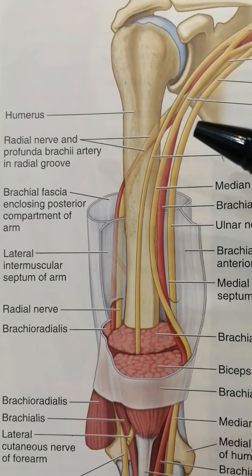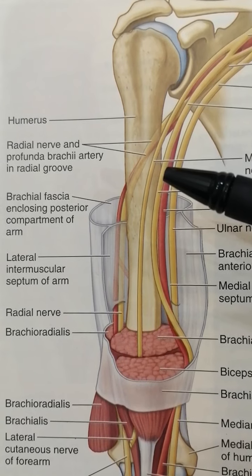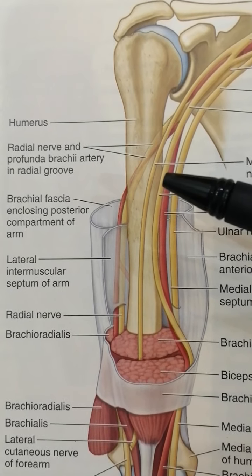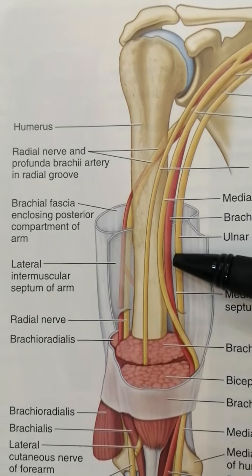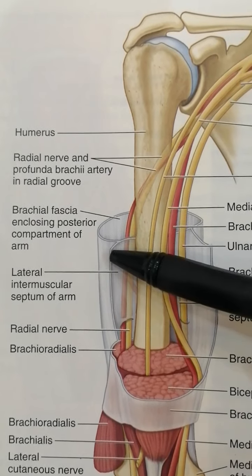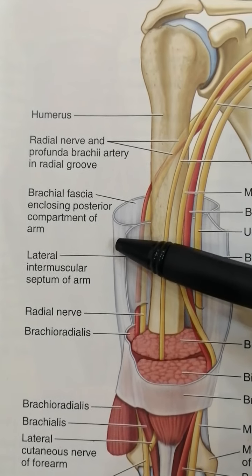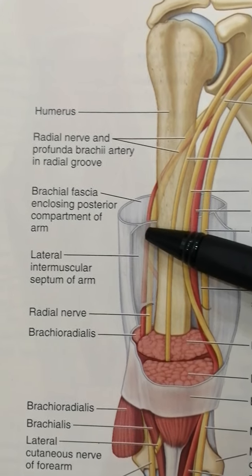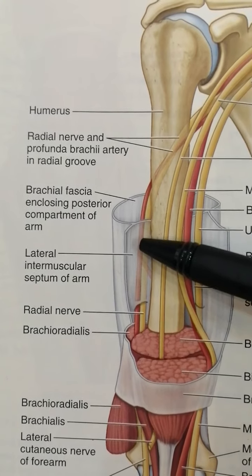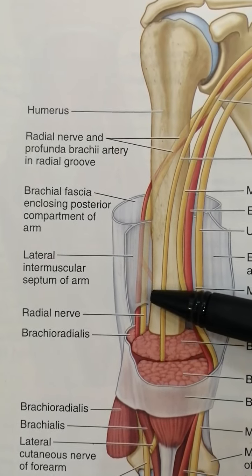You will learn later on that there are some septa present between the muscles, and whenever something is going deep in the tissues or coming upward towards the skin, they have to pierce the intermuscular septum. So at the lateral border of humerus, just 5 cm below the deltoid tuberosity, the radial nerve pierces the lateral intermuscular septum and continues inferiorly in the anterior compartment of arm.